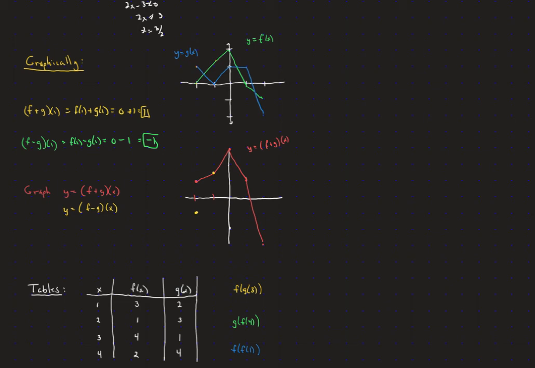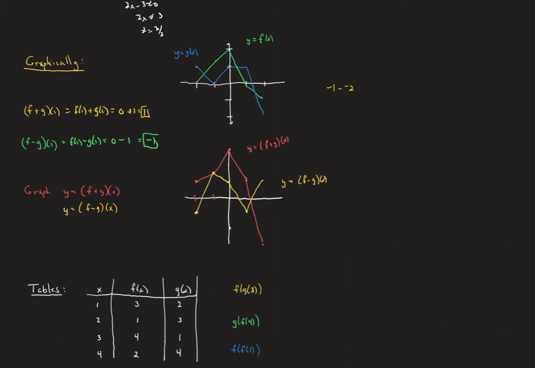And at 0, we're going to have 2 minus 1 is 1. So far our curve is looking something like that. At 1, we have the green 0 minus the blue 1 is a negative 1. And at 2, we have the green negative 1 minus the blue negative 2, which is going to be a positive 1. So we're going to be back up to there. Okay, there is our f minus g of x.